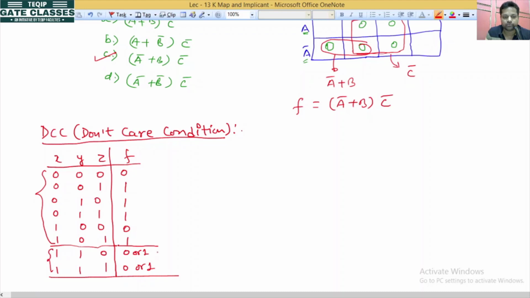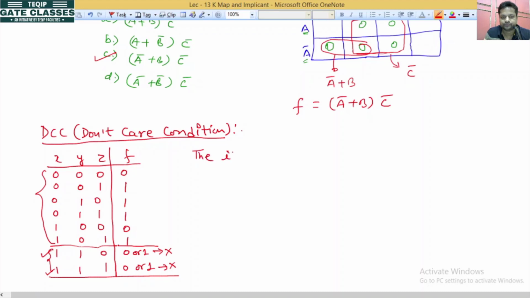We don't bother about the output of this. So here we place X, because we are not going to apply these inputs in our circuit. So these inputs are called don't care condition. So what is the definition of don't care?